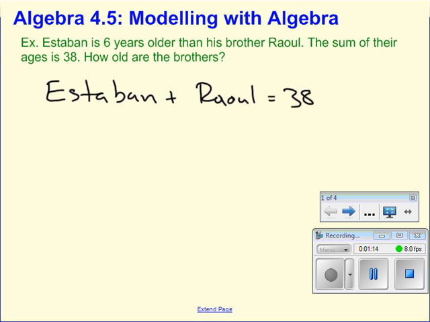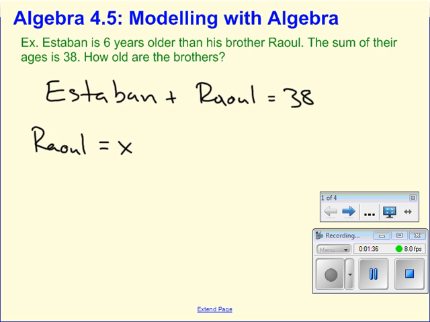So I know that Esteban is 6 years older than his brother Raul, so I'm going to say that Raul's age is X. I don't know what it is yet, but I'm just going to say that it's X. So Raul is equal to X. But because I've defined that Raul is X, I know that Esteban is 6 years older than Raul.